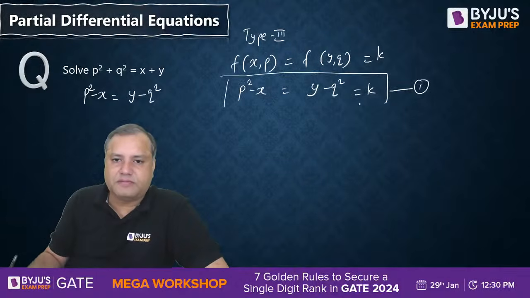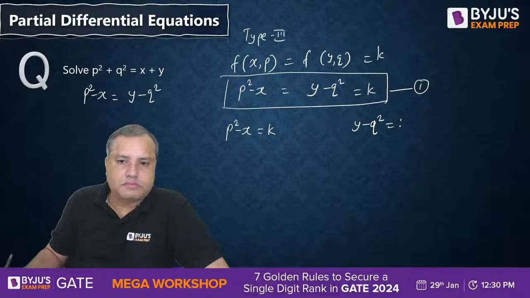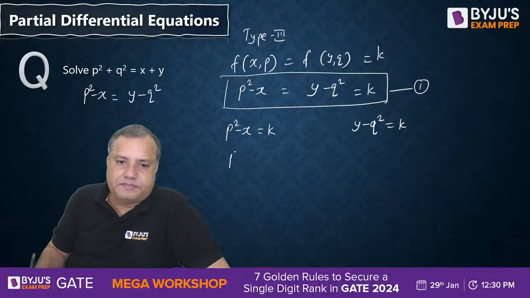Now we will consider this. We'll just equate this with k. So you need to find out p from here.